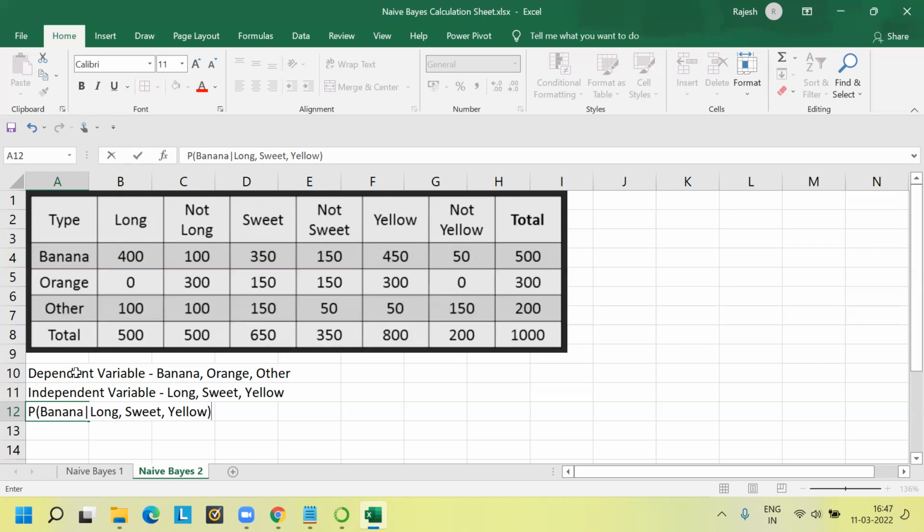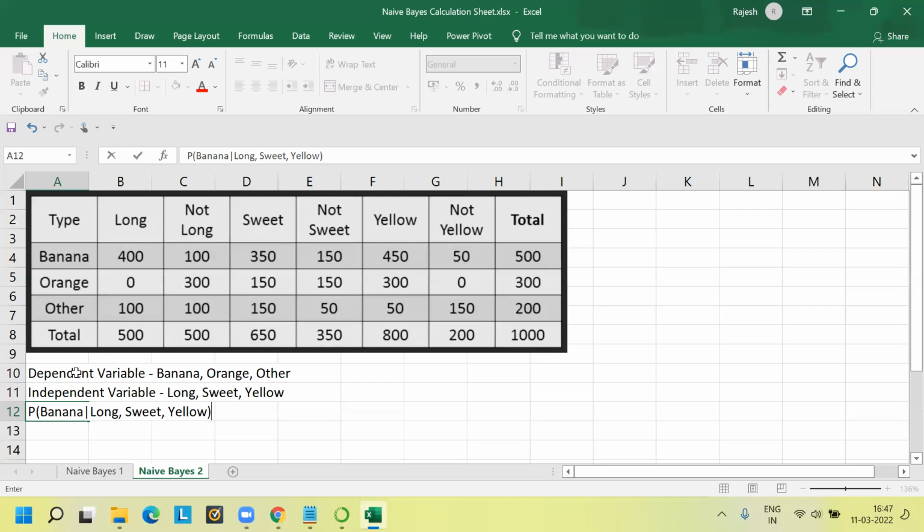The column has long yes or no. When you cross tabulate it, instead of long yes and long no, they use long and not long. Similarly, the sweet column is sweet or not sweet. Actually, the columns have values yes or no, binary. All 3 columns are binary: long yes or no, sweet yes or no, yellow yes or no.